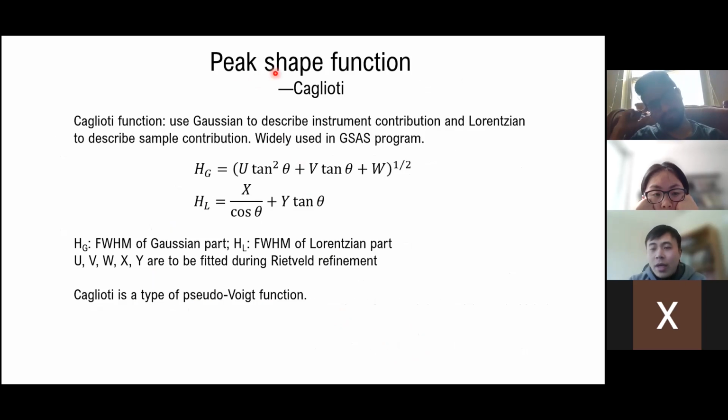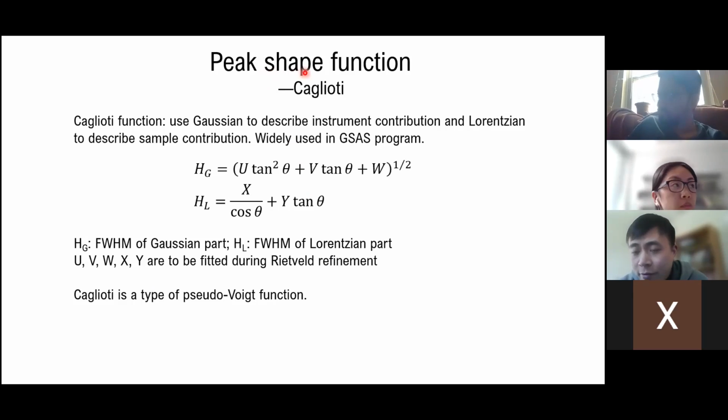Okay, so now we're coming to some practical peak shape functions used for X-ray diffraction analysis, the real refinement. If you're using GSAS, which is free, you will probably come up with peak shape function 2, maybe 3.